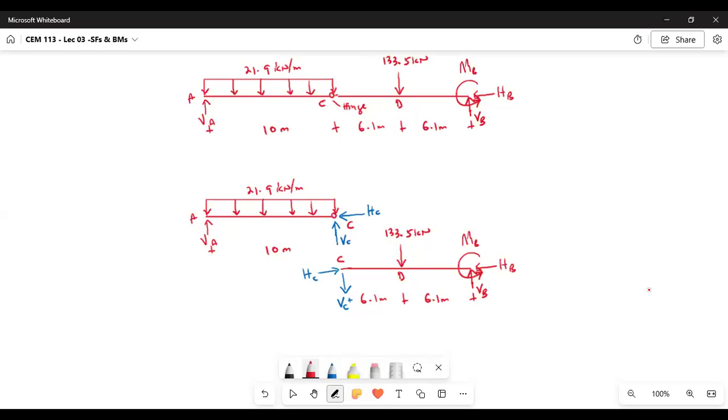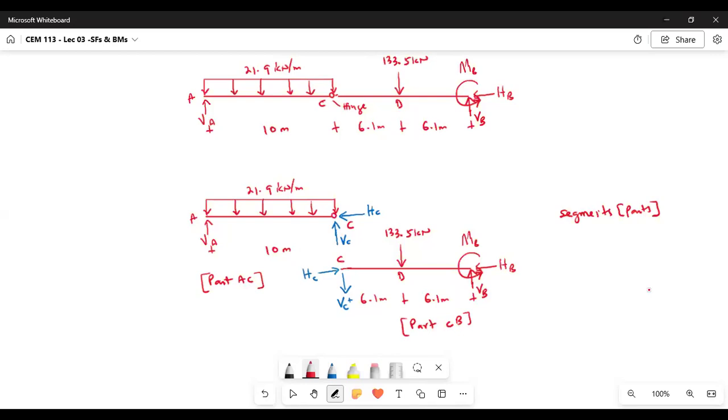So you can just say these are segments or parts. This one is A to C, you can call it part AC. And then you can call this one part CB.